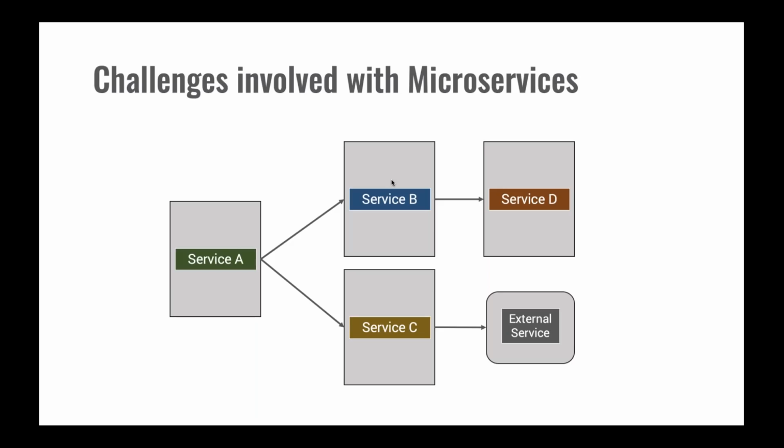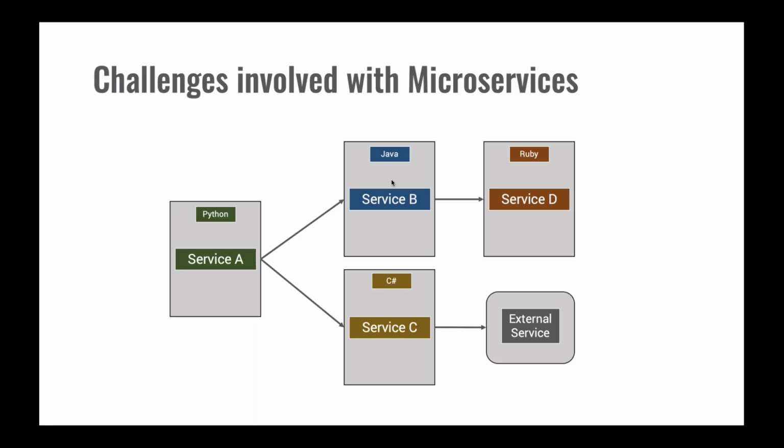And the challenge with this is, eventually when you want to do something more centralized, for example, I want to now do two things. One, I want to figure out how long it takes for service A to call service B, and how long it takes for service B to call service D. So I have to really intercept the traffic that goes out of service A into service B and the rest of the chain of services.